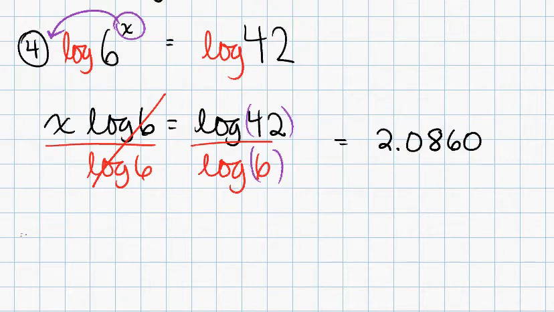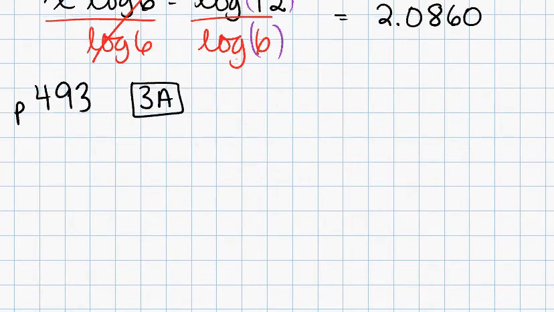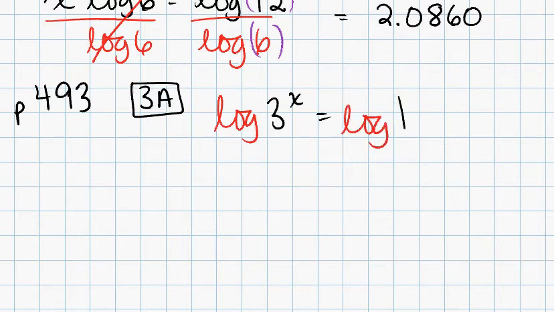Again, we want 4 decimals. On page 493, try problem 3A. Pause the video and do it here. Welcome back. So for problem 3A, you take the log of both sides. So you have that the log of 3 to the x equals the log of 15.